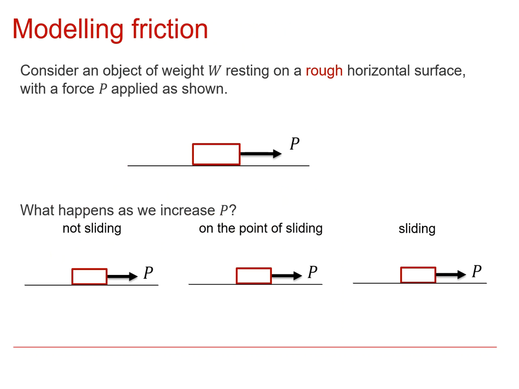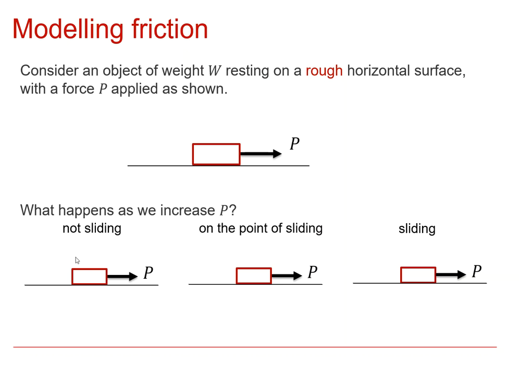So let's think about what happens in more detail when we're dealing with friction. If the object is sitting on a rough surface with a force P being applied one way, so that's a push or a pull, someone trying to move that object along the plane, then if the force is small enough, nothing will happen.